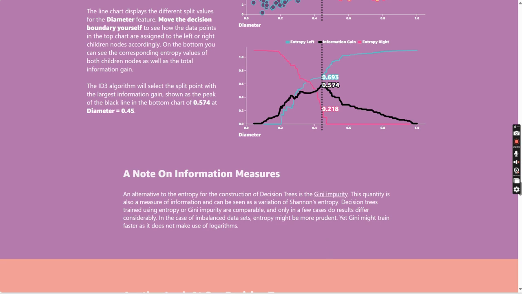The next concept we call Gini impurity. Sometimes you can use entropy for the construction of trees, but there is an alternative method also. Instead of calculating entropy, we can also calculate the impurity.